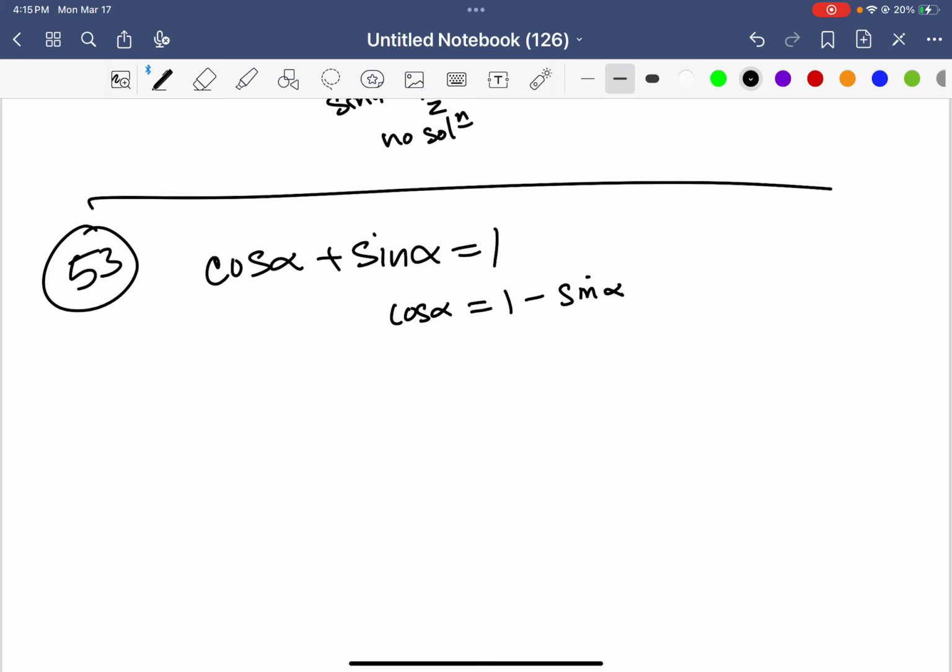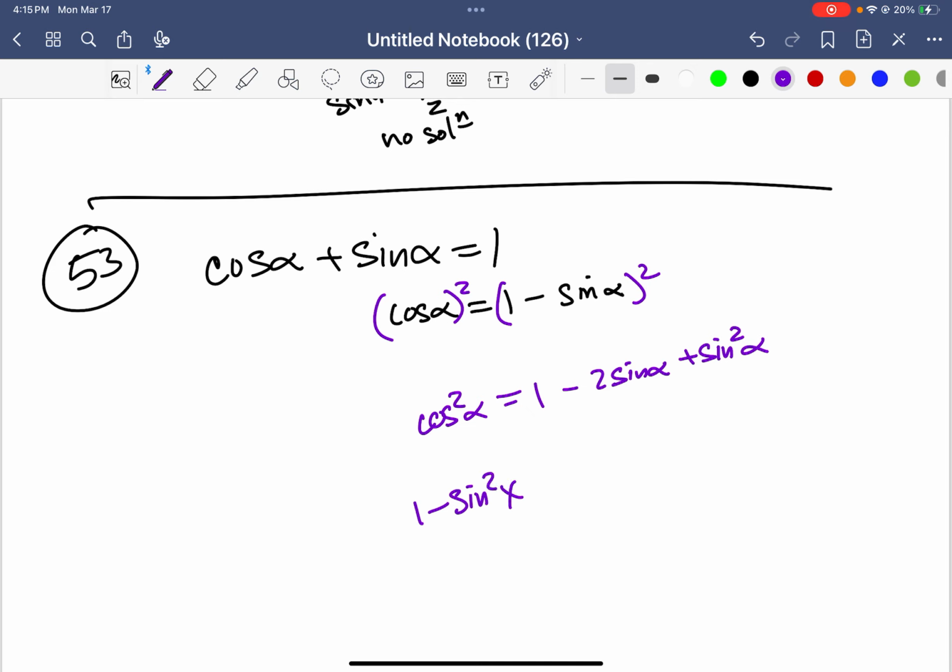And from experience, we know if we can square both sides, because I don't know anything about sine and cosine, but I do know something about sine squared and cosine squared. Well, I get 1 minus 2 sine squared. Oh, I'm sorry, 1 minus 2 sine alpha plus sine squared. And over here, I get cosine squared. The cosine squared is just 1 minus sine squared, because that's an identity that I have memorized.